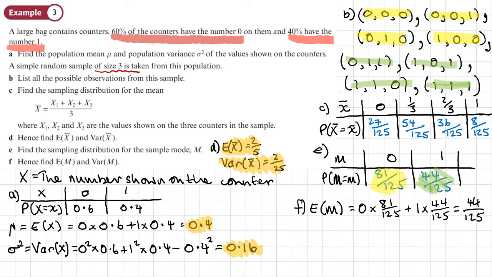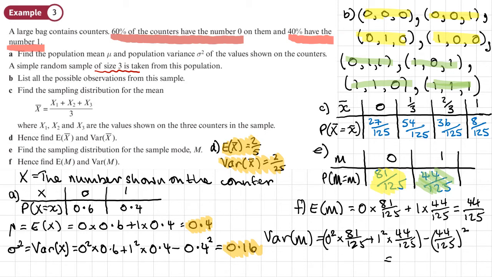And then var of the mode is 0 squared times 81 over 125 plus 1 squared times 44 over 125, and then we minus the mean squared, so we minus 44 over 125 all squared, and that gives us 3564 over 15625.